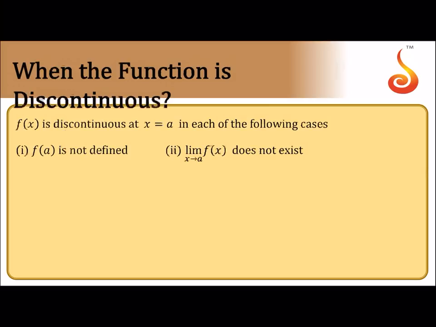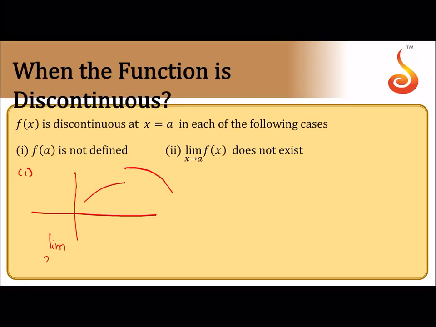So f of x is discontinuous at x equal to a in each of the following cases. Case 1, f of a is not defined and limit x tending to a of f of x does not exist. Now I'll take them one by one. First type of discontinuity.